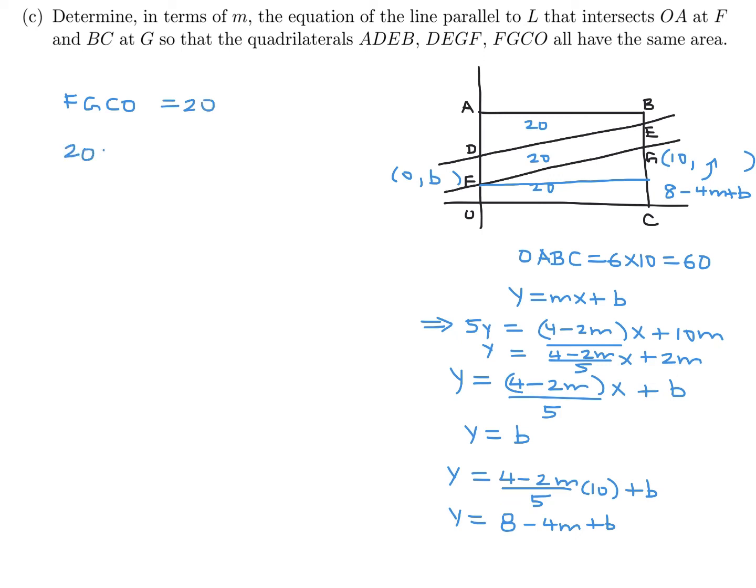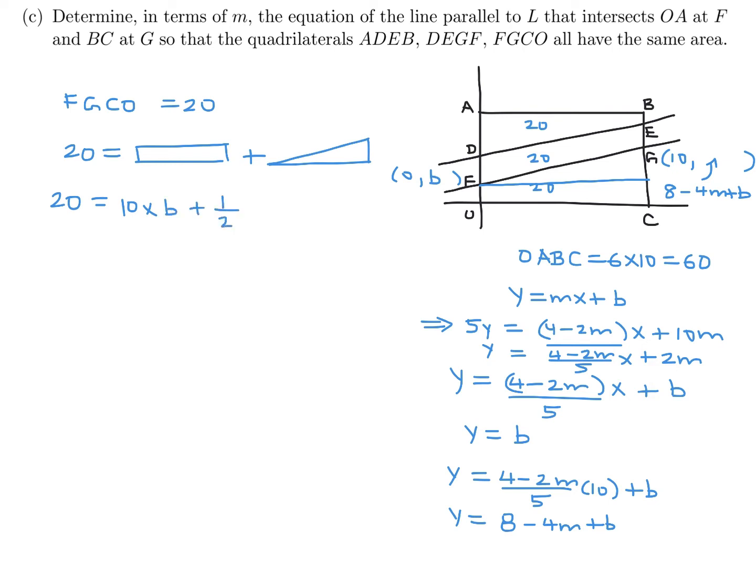So 20 would be the area of this rectangle right here, plus the area of this triangle right here. So we got the area of the rectangle plus the area of the triangle. So 20 is equal to, the rectangle would be base, which is 10, times height, and the height looks like this b, right? So 10b. Okay, that's pretty good.